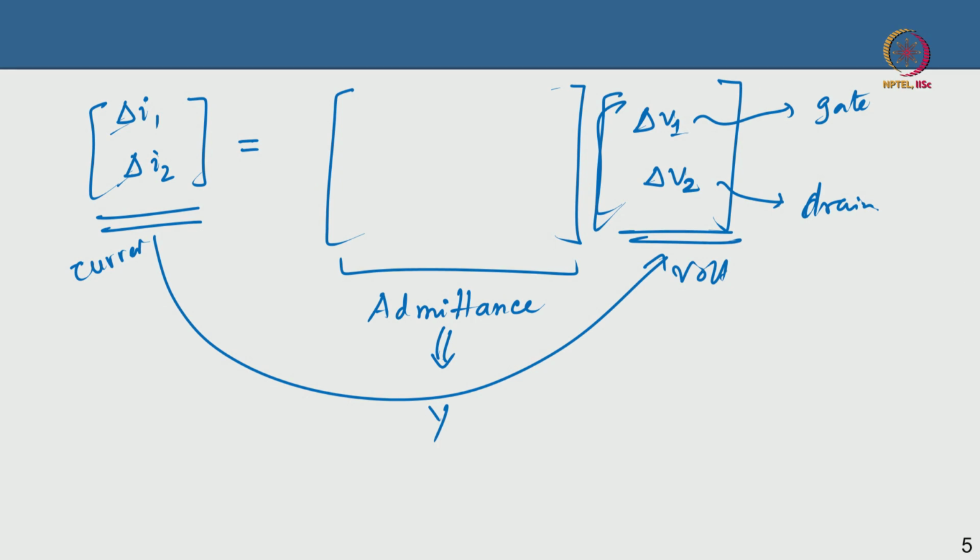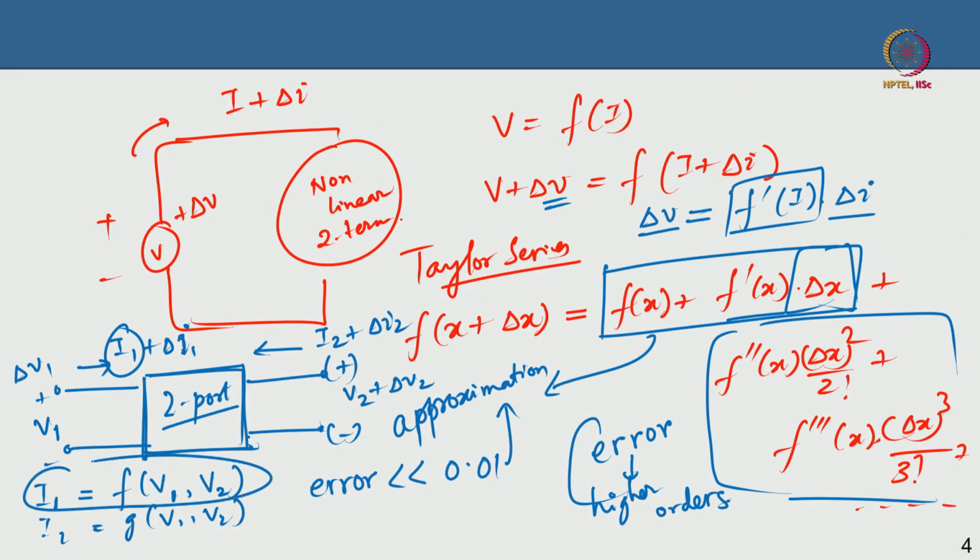This Y matrix that I am looking at here is essentially Y11, Y12, Y21 and Y22. But in reality, what are these? If you recall, in the previous slide I told you I1 is a function of V1 and V2.